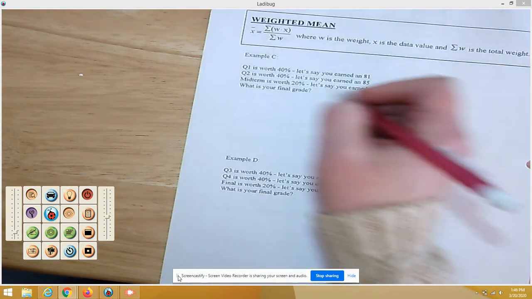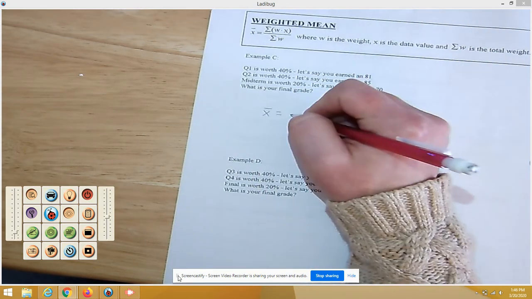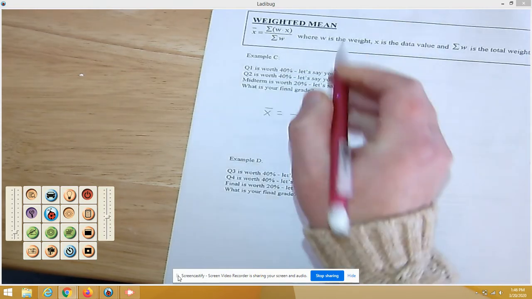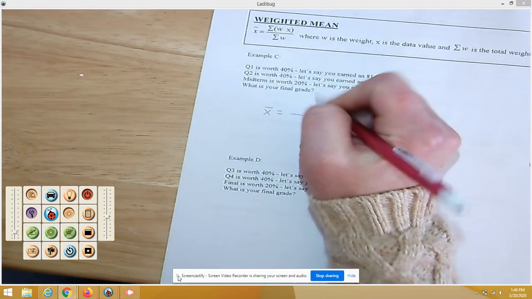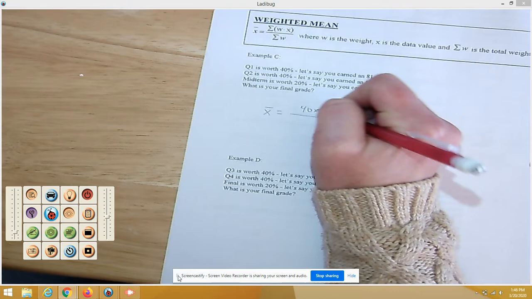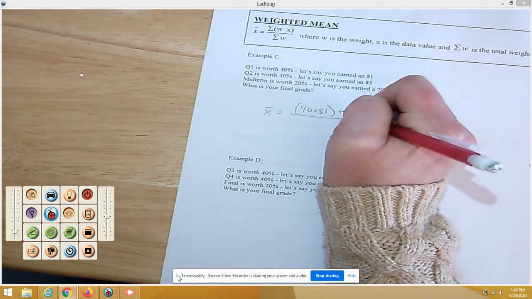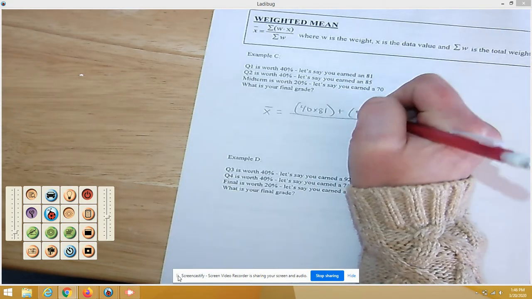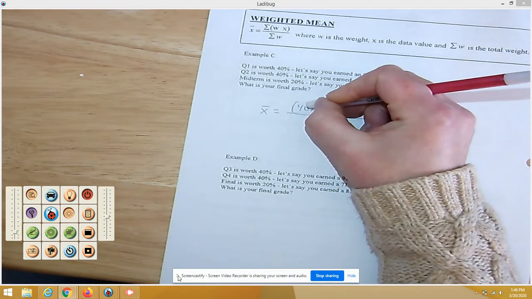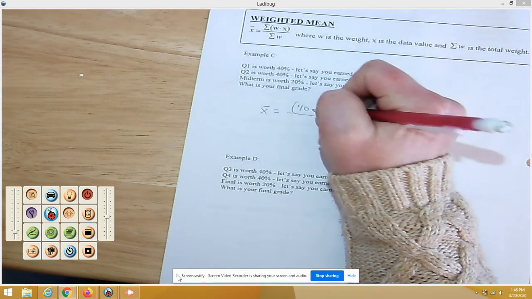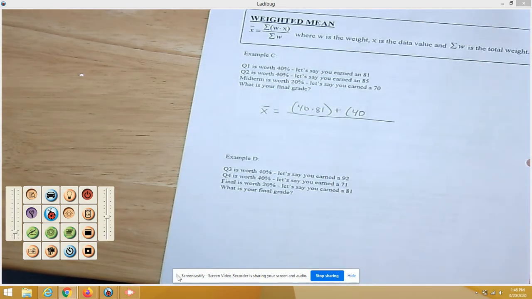So we're going to say X bar equals, and we're going to do the weight times the value. So 40 times 81 plus, and I usually don't use a little X sign, I'm going to put a dot instead because I don't like to use an X that looks like a variable.